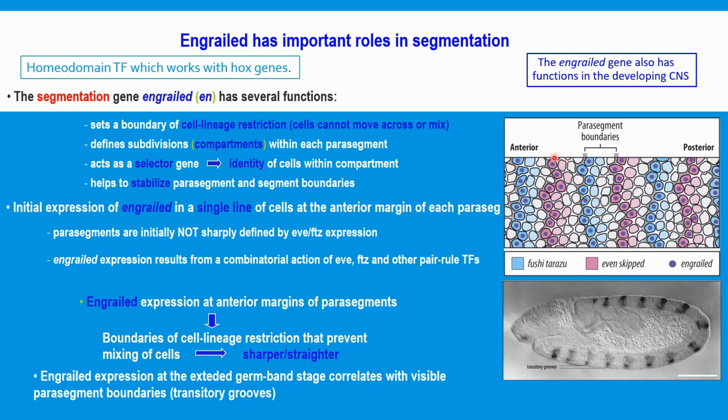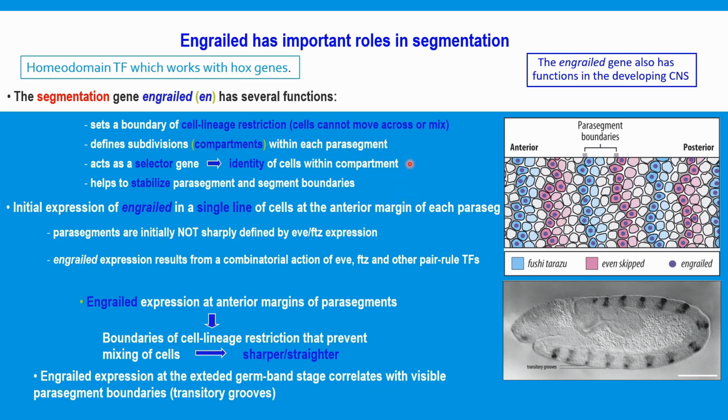So in an engrailed mutant, you would have fuzzy definition, not a sharp definition between the parasegments, and similarly, not a sharp definition between the segments. You would have problems forming defined segments, right? That's on the basis of these roles.